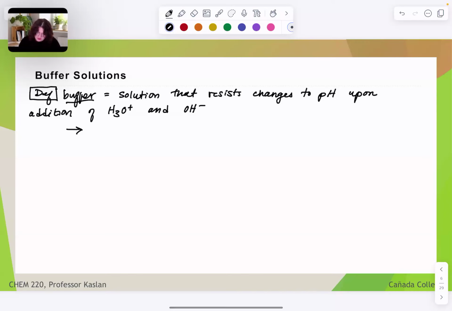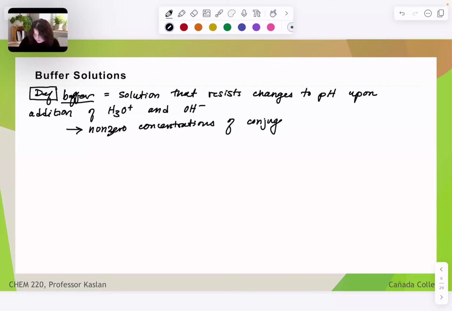So the only way that a buffer solution could exist, the only way that a solution can prevent its pH from changing, is if the solution has non-zero concentrations of conjugate species that exist in the solution.